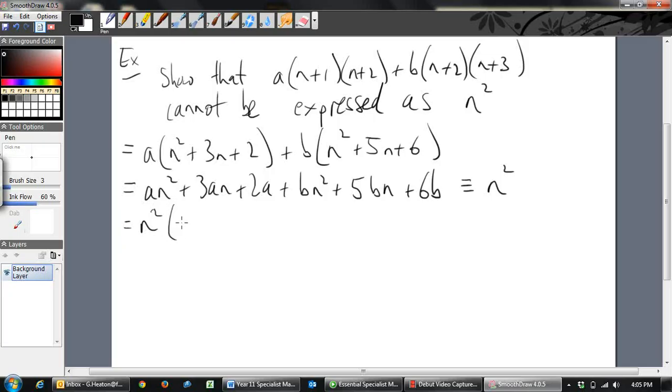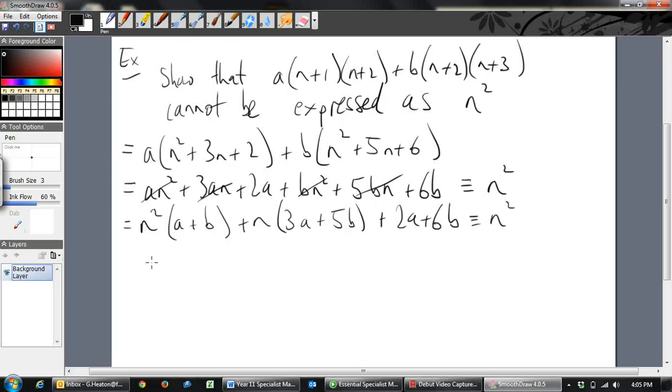How many n squareds do I have? I've got a there, and I've got plus b there, and that's it. Let's have a look at how many n's we have. We've got 3a lots there, plus 5b, and that's it. Plus 2a plus 6b.